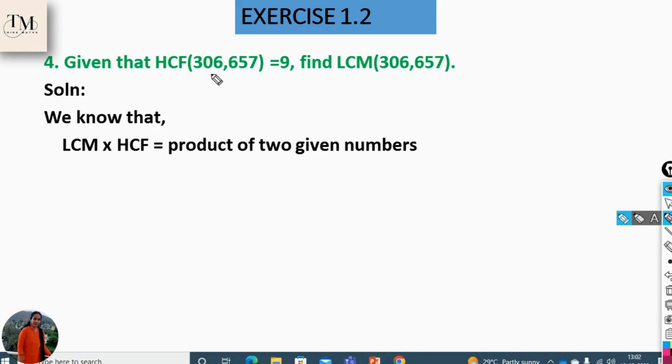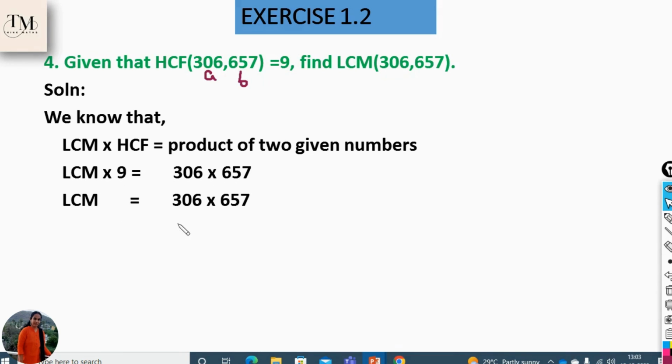So instead of HCF we write 9, and the product of the two given numbers is 306 into 657. So LCM equals 306 into 657, and this 9 comes down as a divisor, divided by 9.